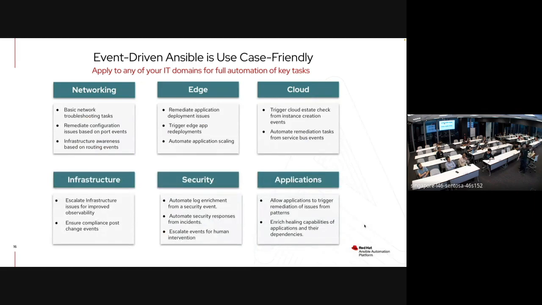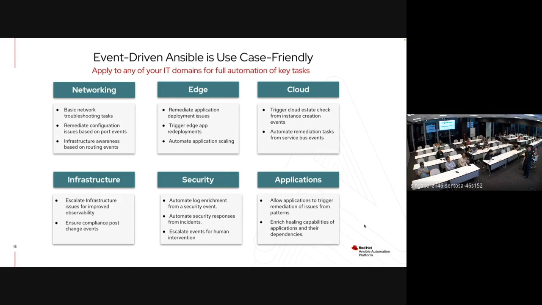Other areas, right, we talk about many different pillars within the IT landscape. You have things like networking. We can be doing basic troubleshooting for networks. We may be collecting information from the network devices. Infrastructure-wise, we are able to make sure that the compliance of the systems is there.